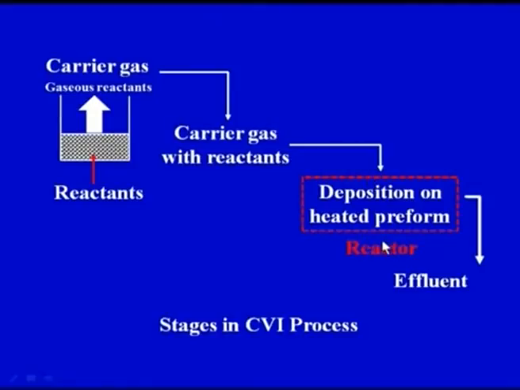In this reactor we have already kept our preform, which is a network of fibers, and the fibers can be made up of different materials, these can be ceramic fibers also. When the carrier gas and the gaseous reactants pass through the reactor, they deposit solid matrix material on top of the fibers. We already have the reinforcement, the matrix is being deposited by the gaseous reactants on decomposition, and finally the effluent comes out of the reactor.